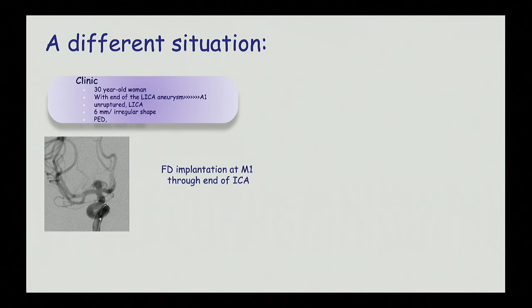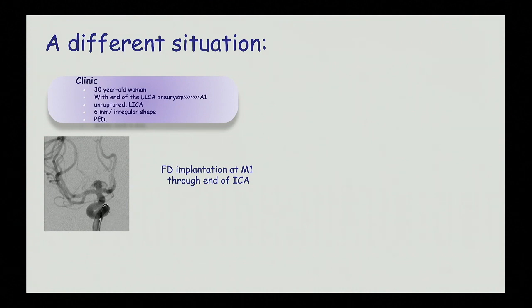So I was thinking, do I have to place some coils? But sometimes it's not so easy because you don't have a very stable situation to place the coils. So eventually decided to place a flow diverter at the end of the internal carotid artery going to the M1 segment.